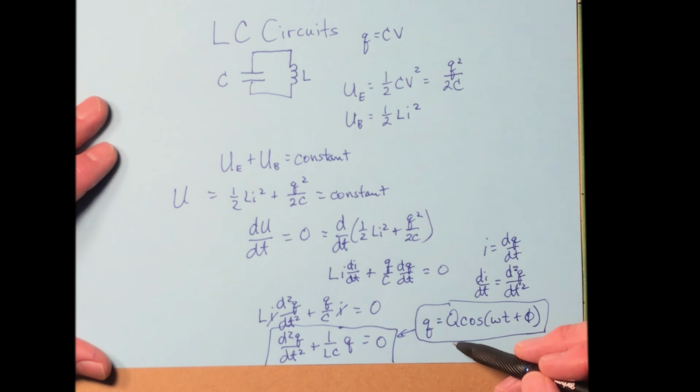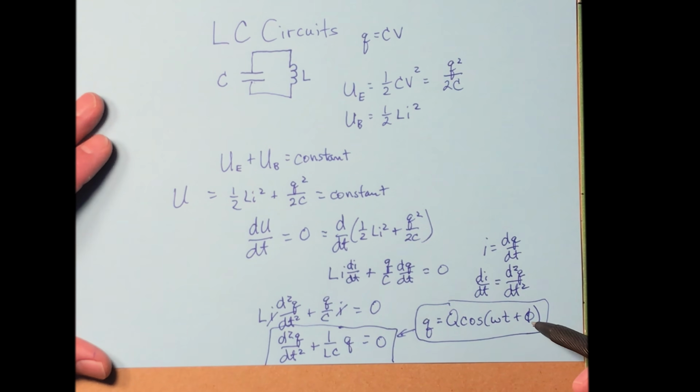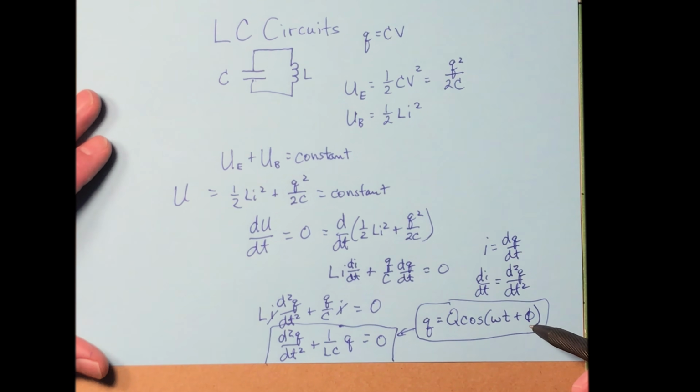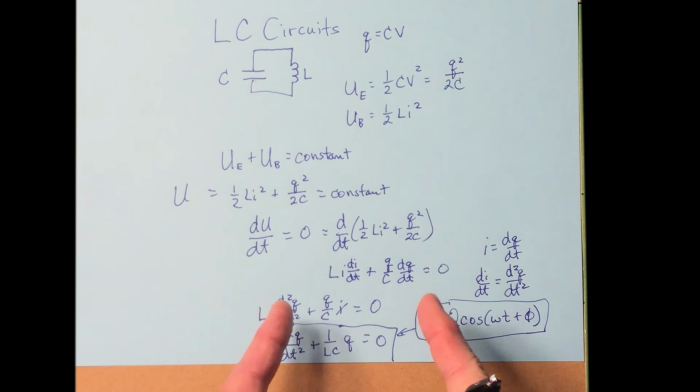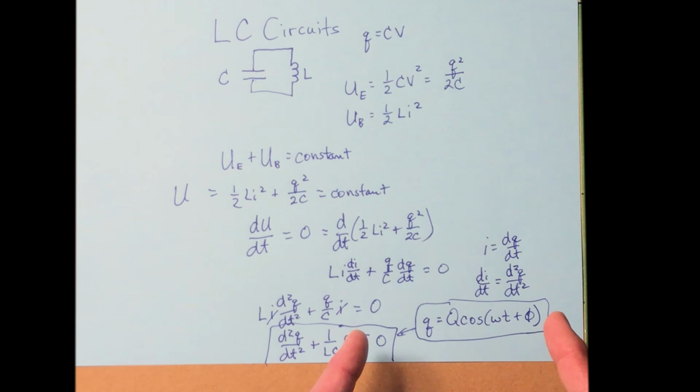In this case, big Q is the amplitude of the oscillation. Omega is the angular frequency, and that really controls how fast the cosine changes. And then phi is the phase angle. It's a phase constant that controls where in its phase the cosine starts or stops.